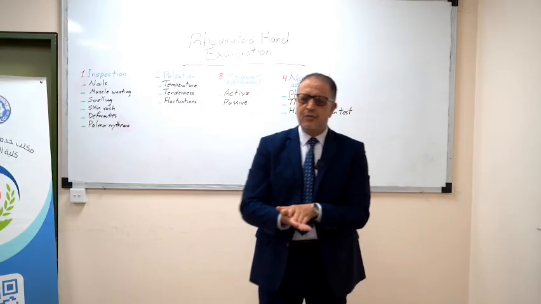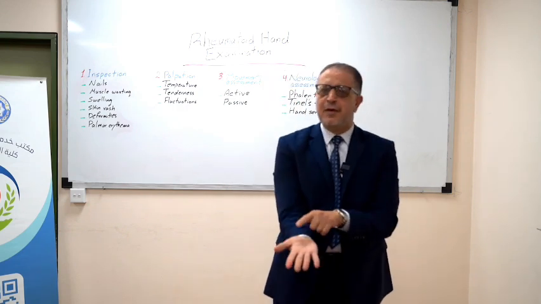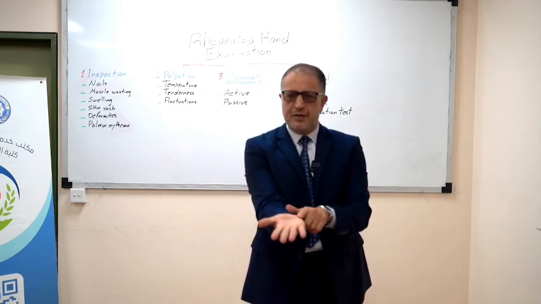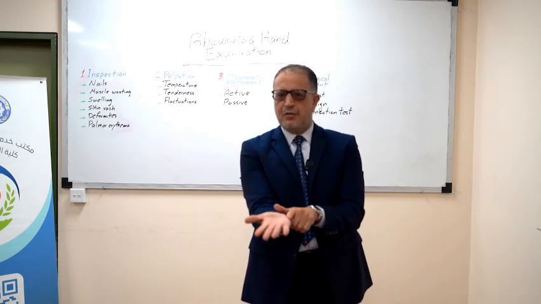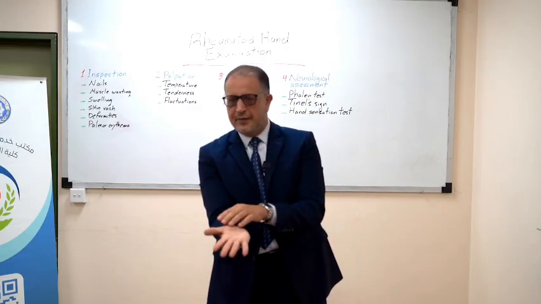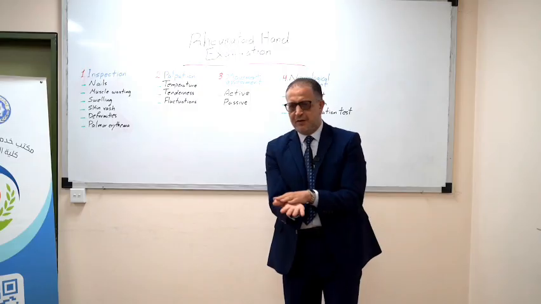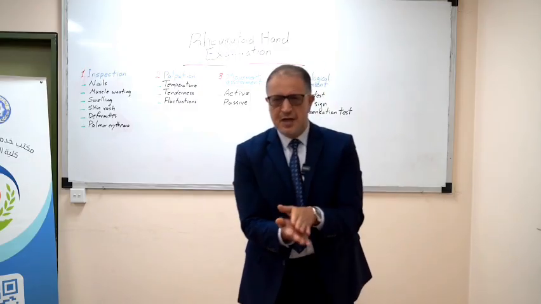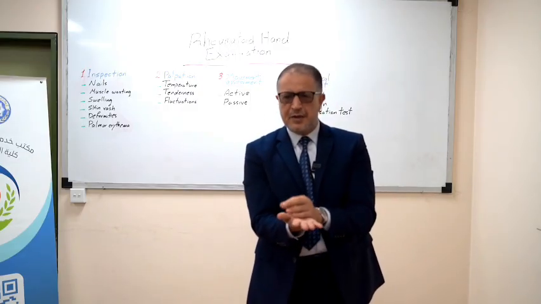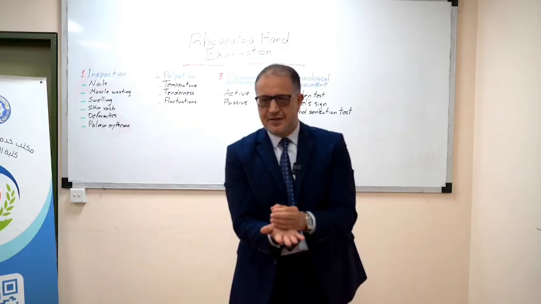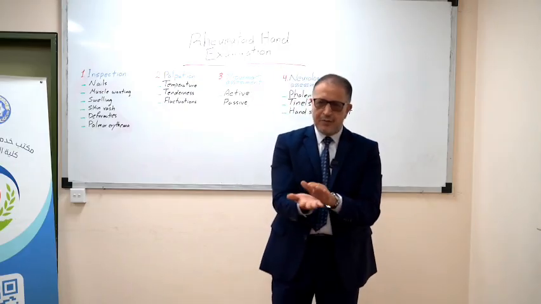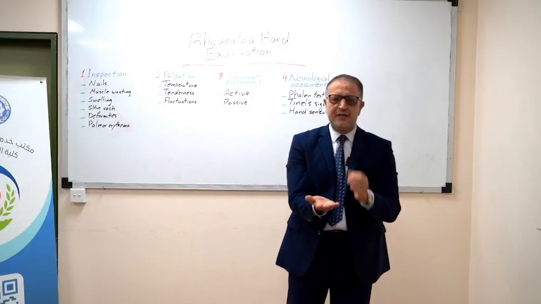The other important point in the hand: you look for evidence of palmar erythema. There is redness in the thenar and hypothenar. It's called palmar erythema. There are multiple causes of palmar erythema, but in rheumatoid disease, palmar erythema suggests that the patient has active disease.